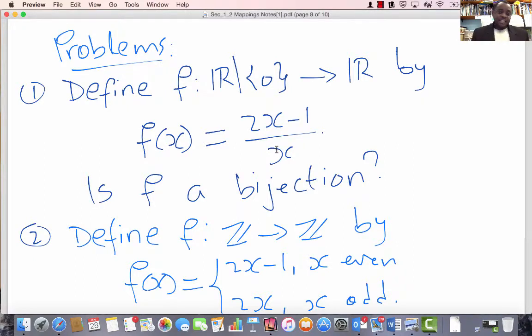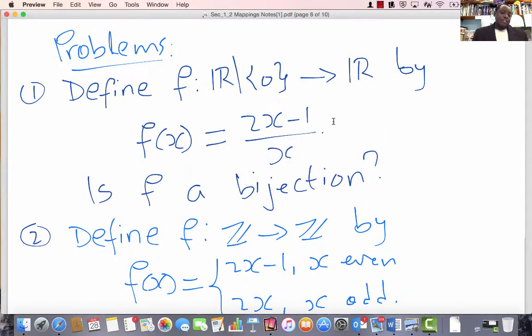Question: is f a bijection? Can you verify that f is onto? Again, what do we do? We pick an element y in the set of real numbers. We find an element x from the domain such that y equals f of x.